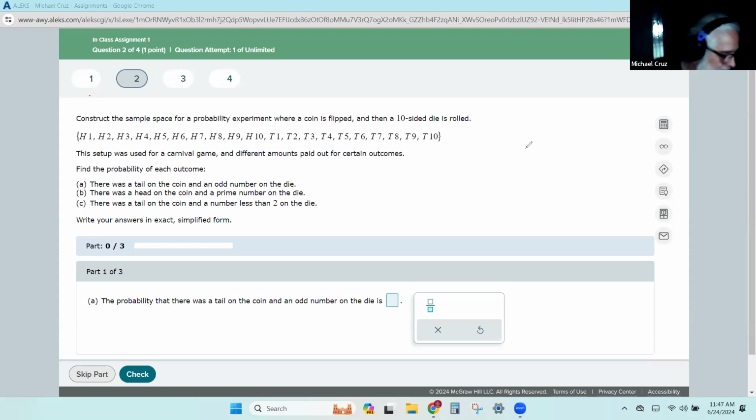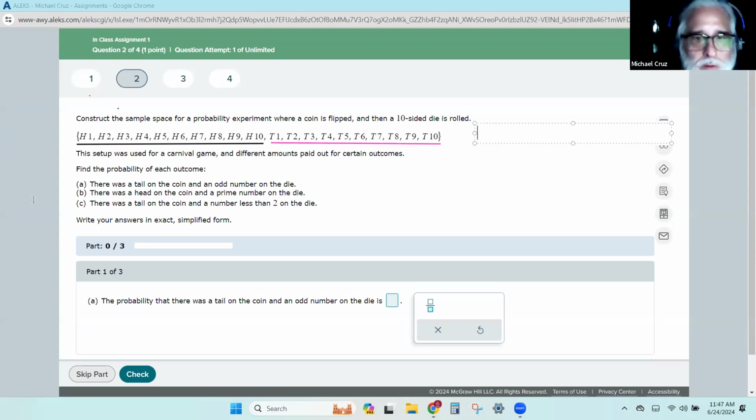So instead of 6 sides, it's got 10 sides. So what does that mean? Well, it means we've got 10 that match up with heads, and then 10 that match up with tails. So there are 20 outcomes, which will be our denominator.